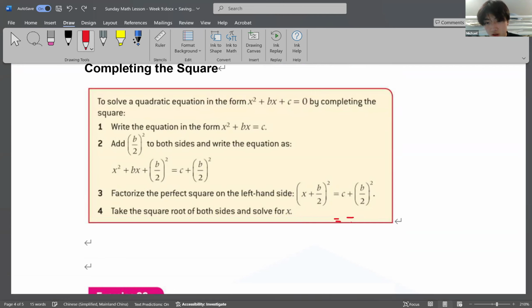I just said it and I forgot to write it. This is ugly here, we're just going to write it here. So plus or minus square root of c plus b over 2 squared. That's the first step.